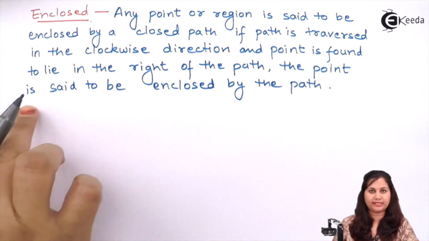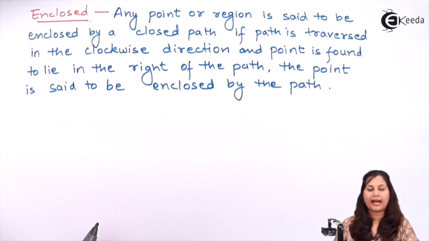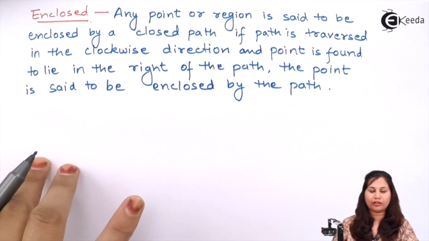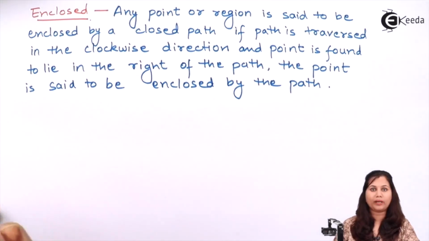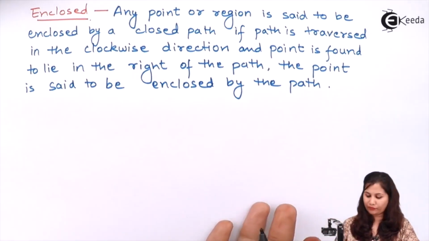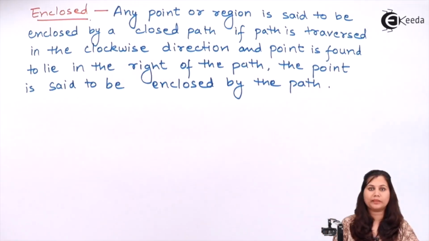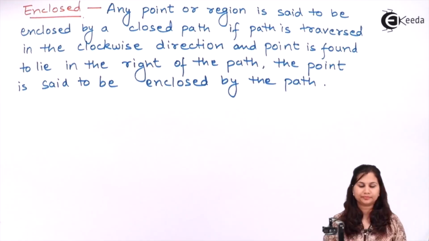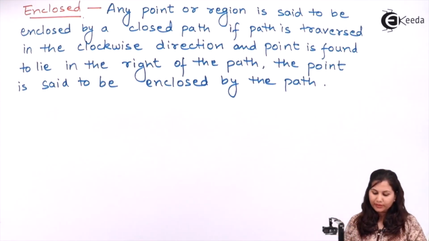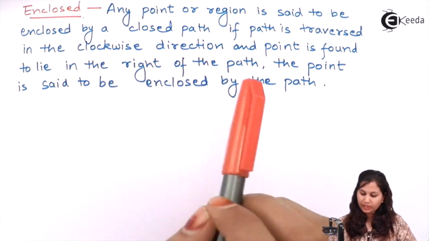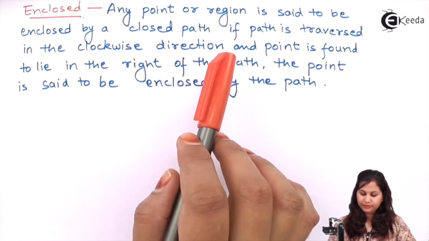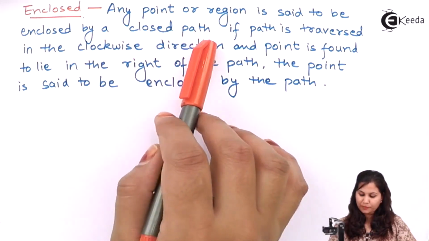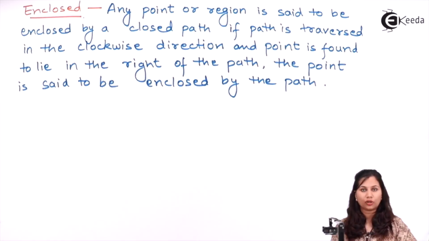That is, we are traversing the path in the clockwise direction, and while going clockwise, the point is lying on the right hand side of this path. Then the point is said to be enclosed by the path. Let's take an example.